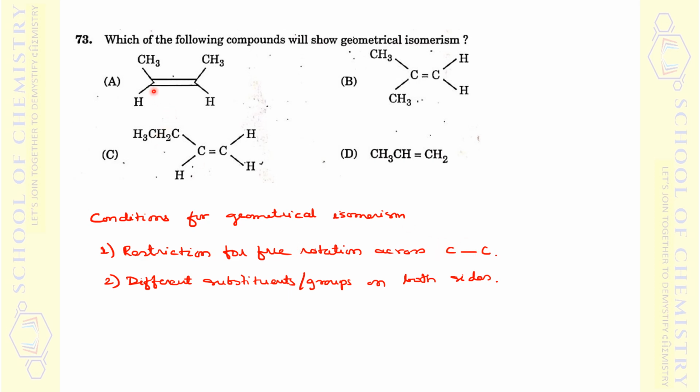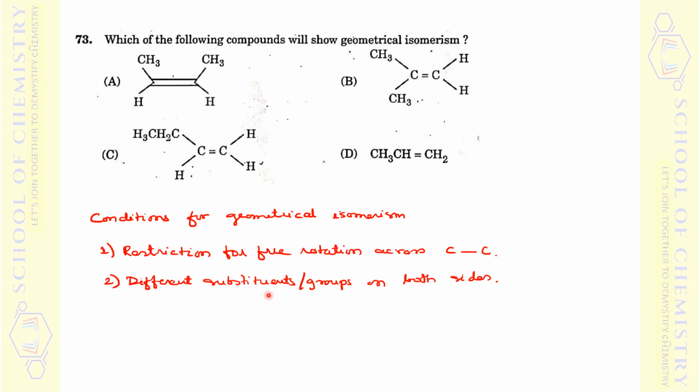That is possible when a carbon-carbon double bond is present, and even if a ring is there, that ring also sometimes can give this restriction. If you look at these options, everywhere you can find the double bond, so restricted rotation is there, and this condition is followed everywhere.